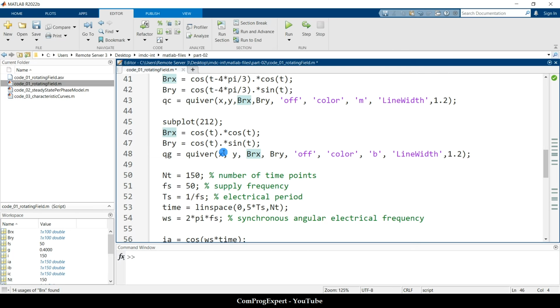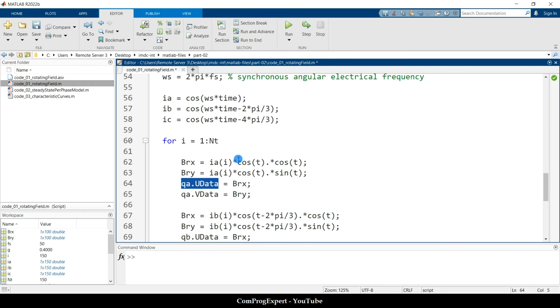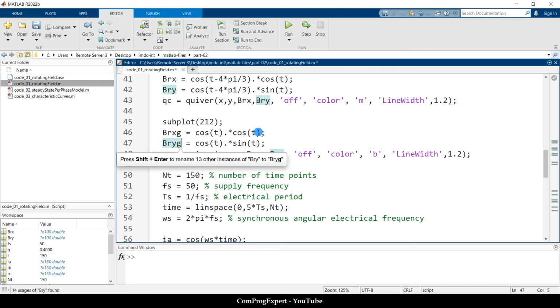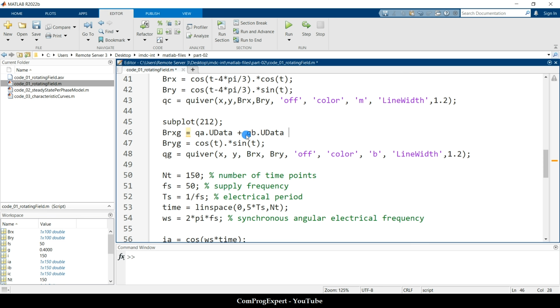We can use this method. Actually, we can pick up the U data of the phase A. This is the BRX, the net value for the gap: this one plus quiver function B dot U data plus the quiver function C U data.